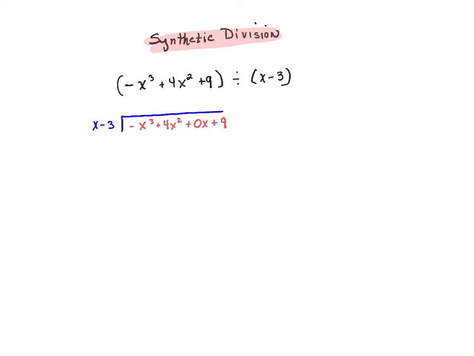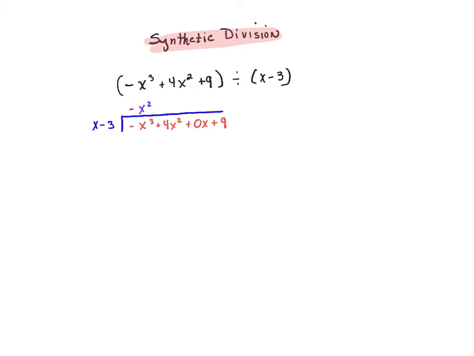Okay, and then we start to go about our business, and we say, well, what do I have to multiply x by to get a negative x cubed? The answer would be a negative x squared.